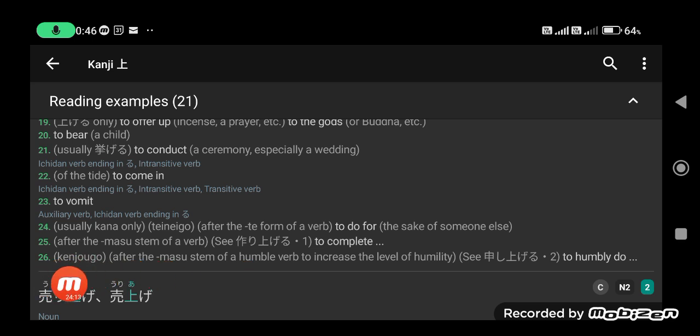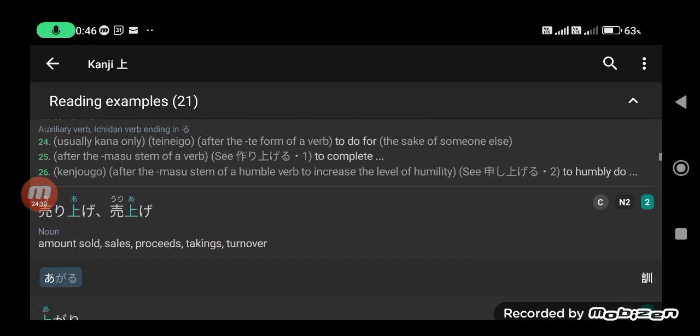And in kenjogo, or the humble way of speaking Japanese, after the extracted stem of a verb, to increase the level of humility, say moshiageru. Moshiageru meaning to humbly do something. Uri age.